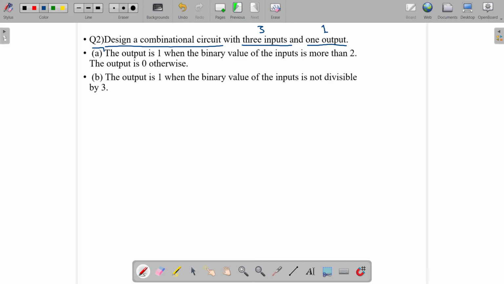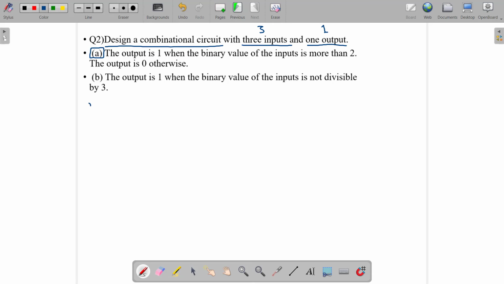Let's first of all solve the section A. Okay, what was the first step? First step was determining the number of the input and output that we determined. Then we have to assign the variables, then find the relationship between input and output.